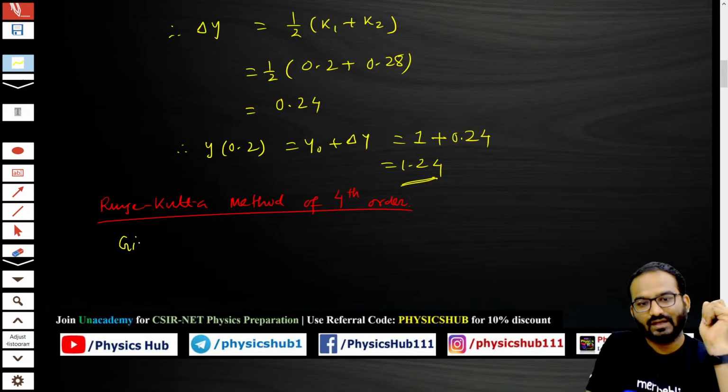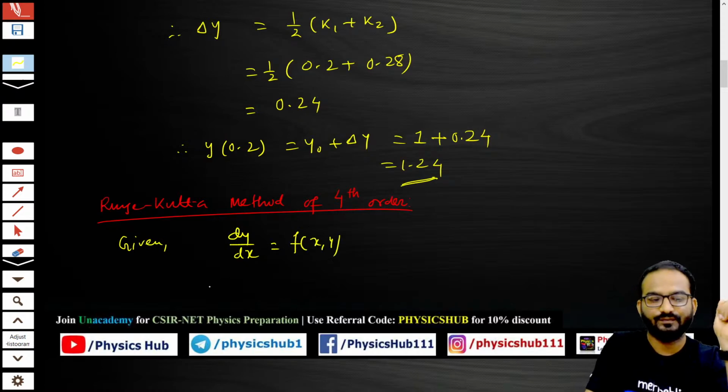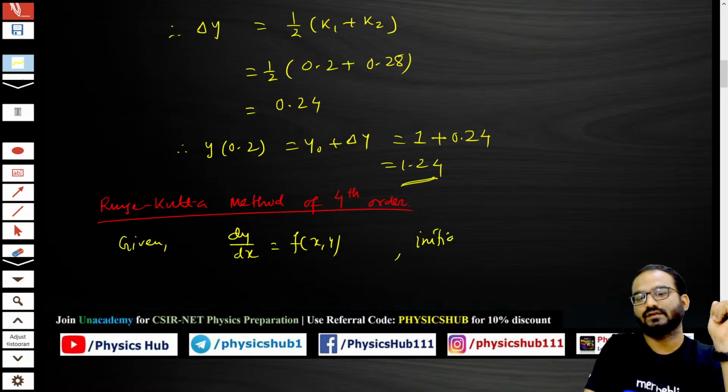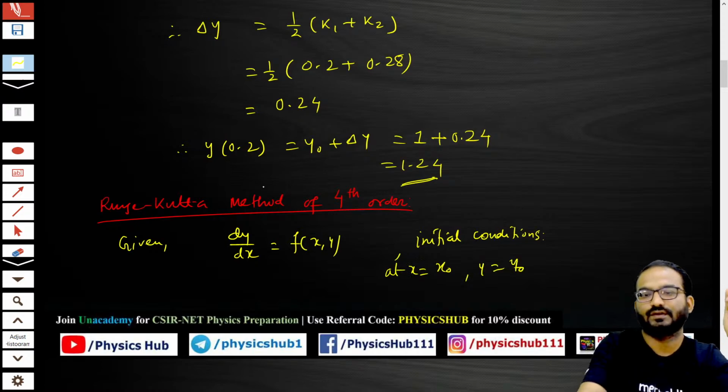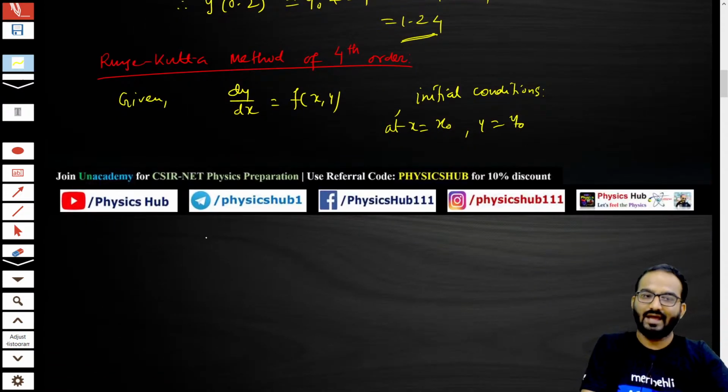So as usual, you will be given the differential equation dy by dx equals f of x, y with the initial conditions. Initial condition is very important. This differential equation is solved from the initial conditions. Initial condition is a must here. It will be given to you in the question paper: at x equals x naught, y equals y naught.